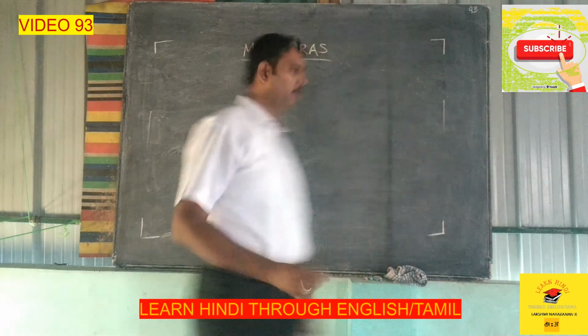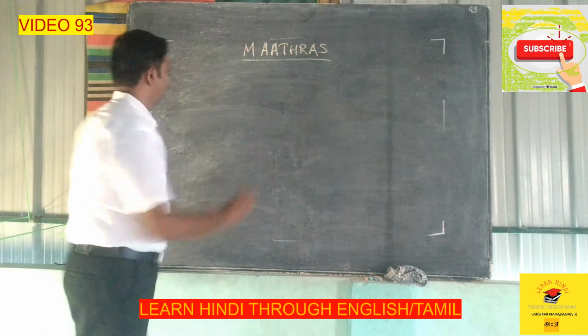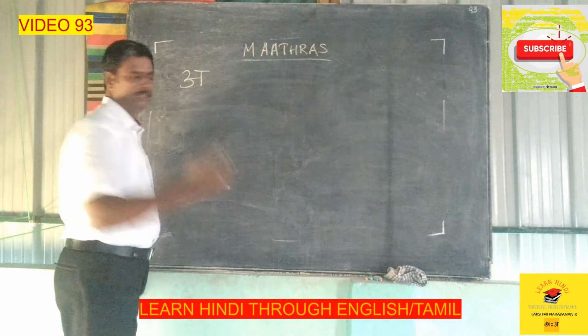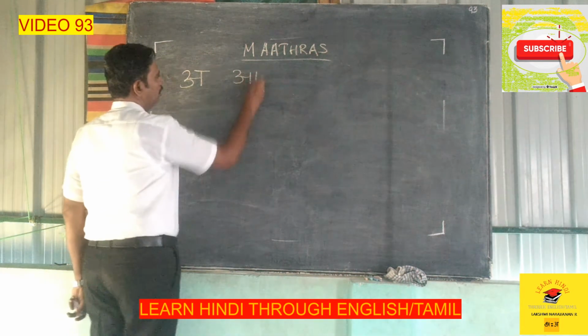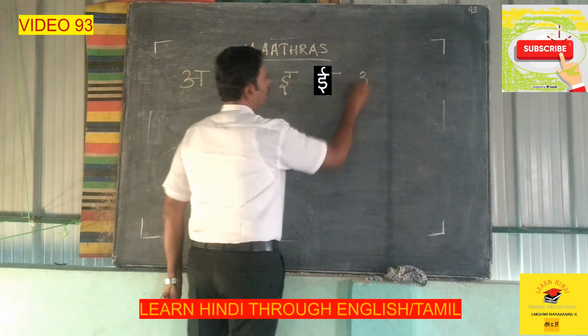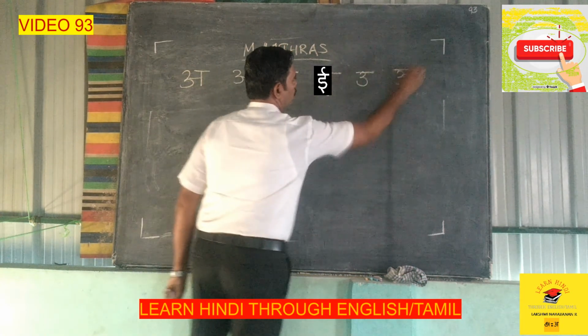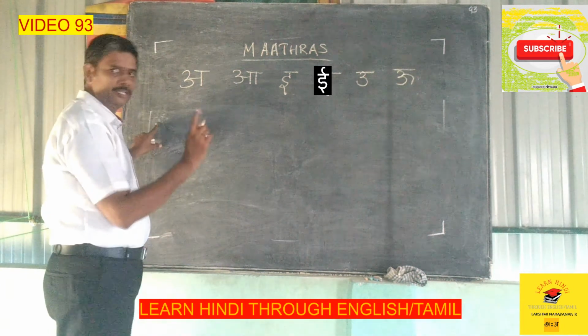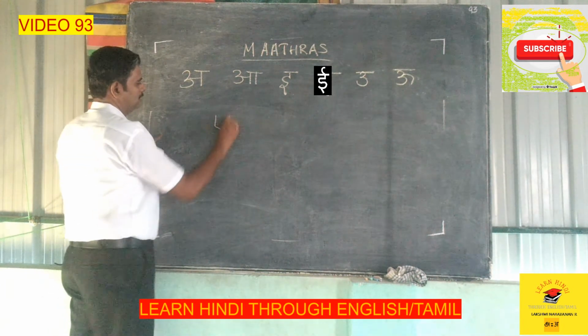Okay, let us go. First let us write the vowels for our understanding. Say a. Okay, a, e, u, u. There is one matra that we will write later. Okay, r, we will write later. Next comes a.